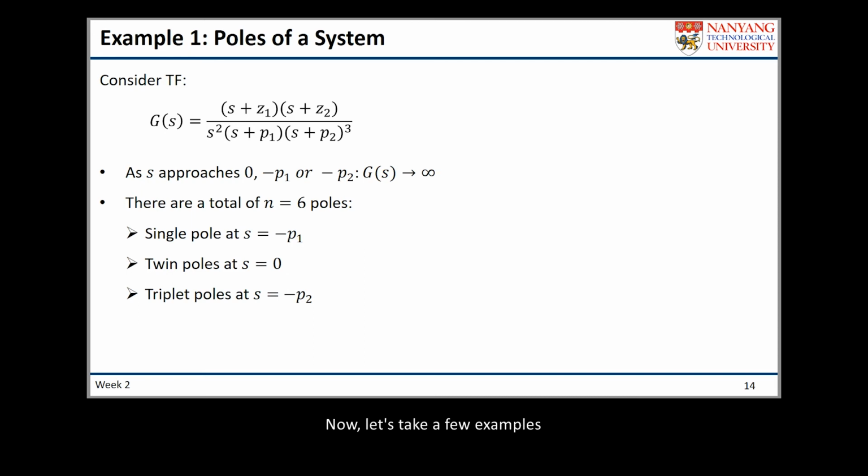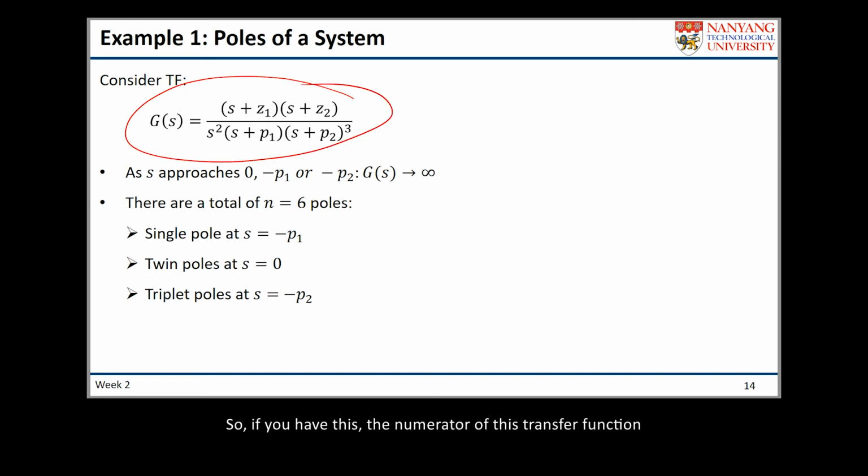Okay, now let's take a few examples on how to identify poles and zeros of a system. Let's take a case of a G(s), the transfer function, represented by this equation. The numerator of this transfer function is a second order polynomial, because you have two factors in the numerator, s plus z1 and s plus z2.